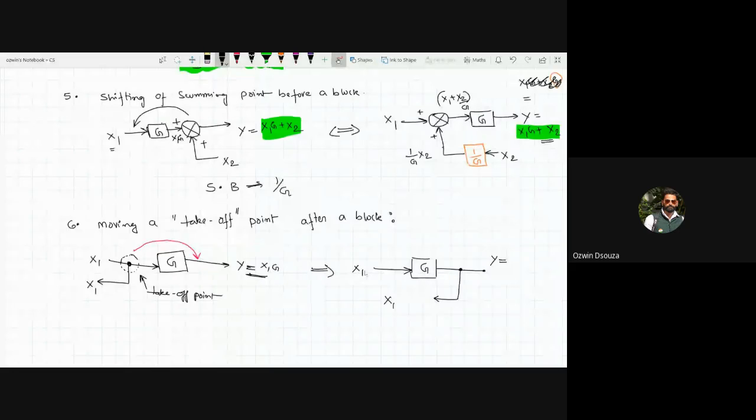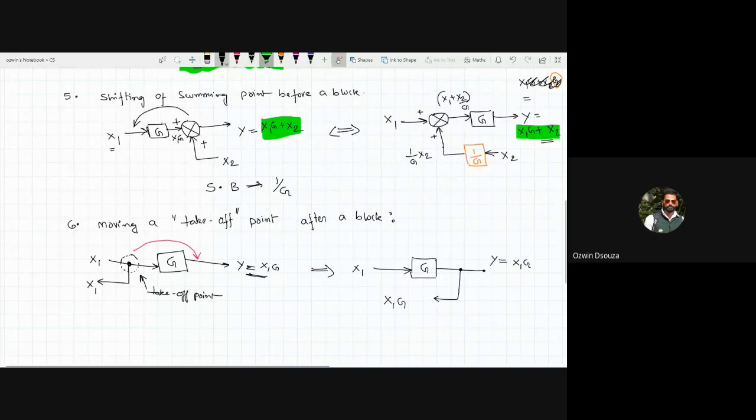So output y is basically x1 into g. But since we have shifted the takeoff point after block G, in the bottom path the signal value doesn't remain x1, right? Because what is the signal value after block G? The signal value is x1g. And the same signal you're carrying it forward, right? So the signal value at the bottom path becomes x1 into g.